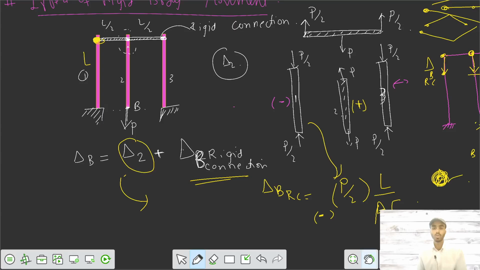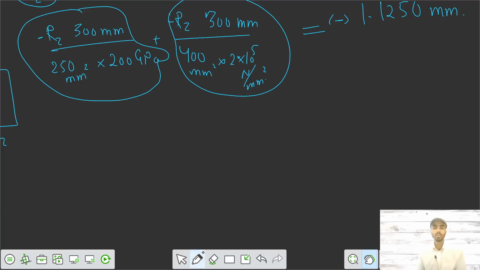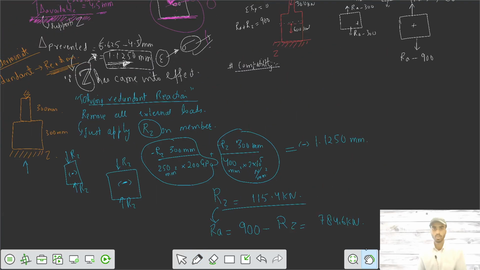So you can solve and get the value of RZ, which comes out to be 115.4 kilonewton. Once RZ is known, we can get the value of reaction A, that is 900 minus RZ, equal to 784.6 kilonewton. Hope you understand the question.